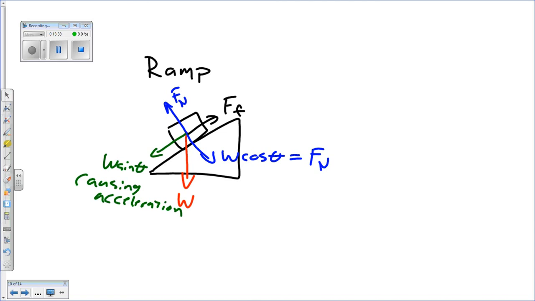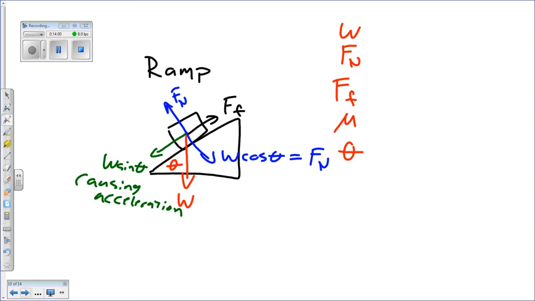Now, resisting acceleration is usually friction, force of friction going up the ramp, which is equal to mu times the normal force. And so in a sense, the force of friction also depends on the weight of the object, indirectly, of course. So these are some of the variables you will encounter in this problem.